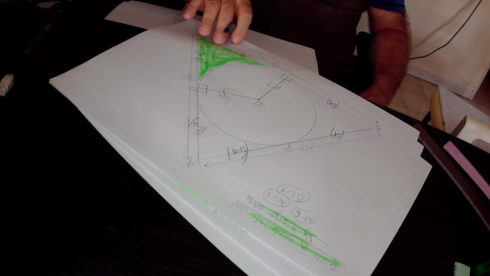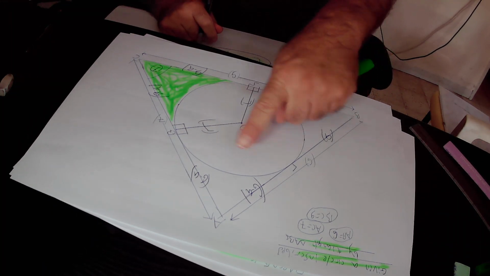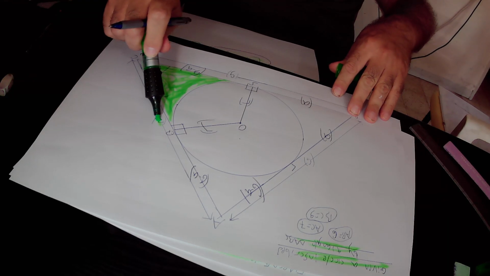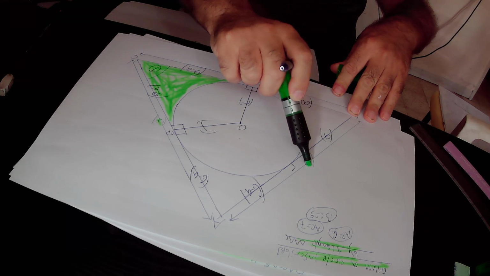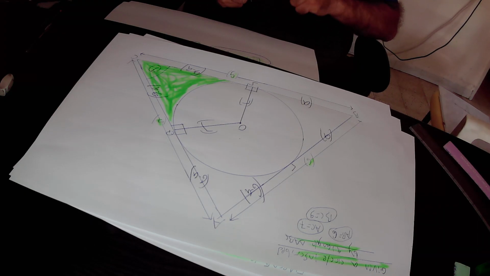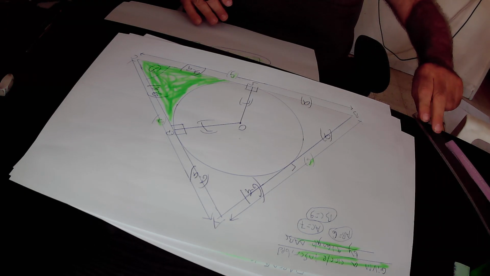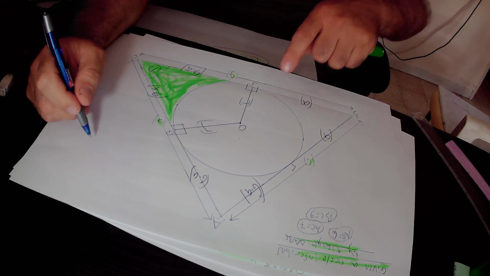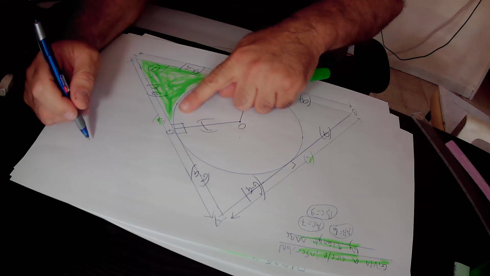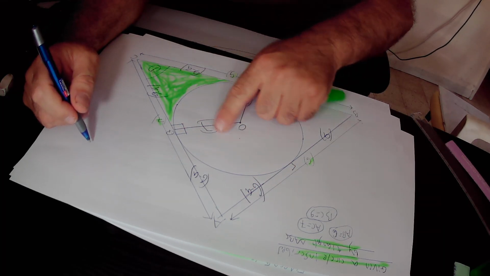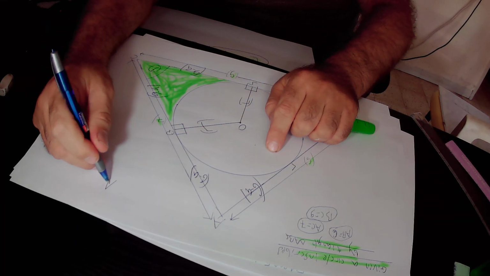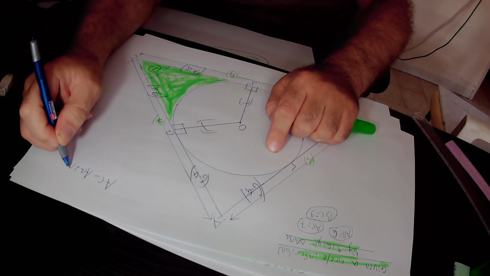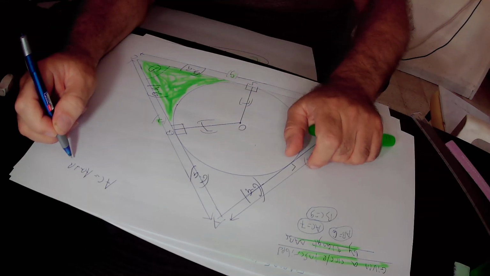According to what is given in the question, AC equals 7. AQ plus QC equals AC.